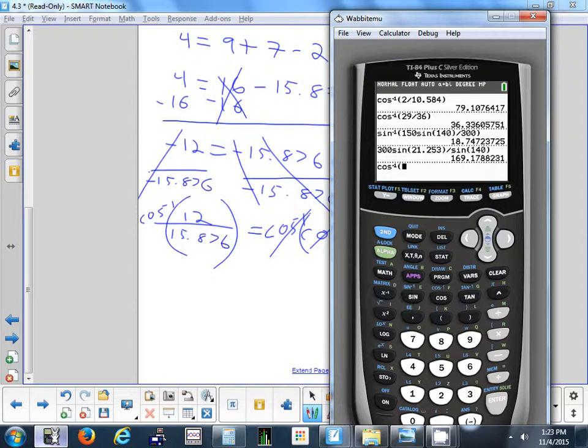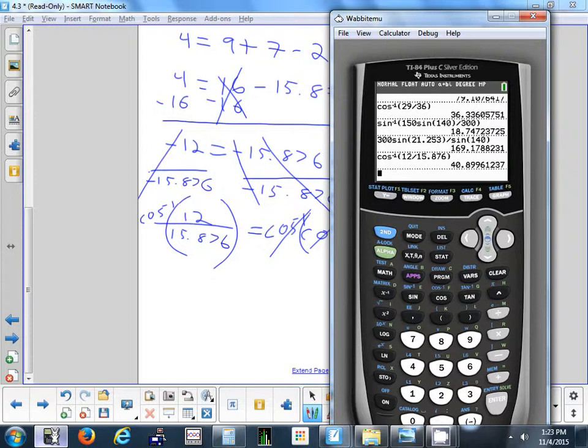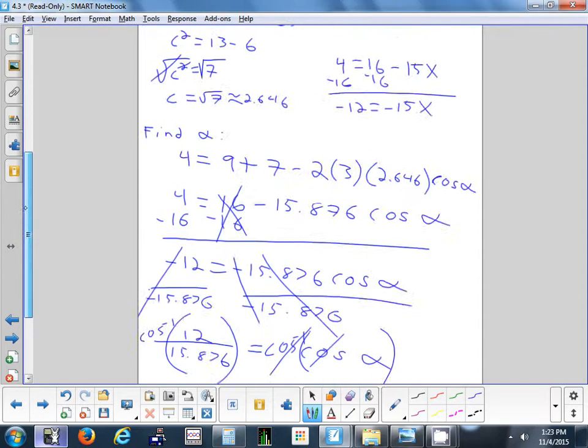You cannot do this really without a calculator. Gotta have one. 12 divided by 15.876. So we get 40 point, I guess we could just round it, 40.90. Okay, it really rounds up.